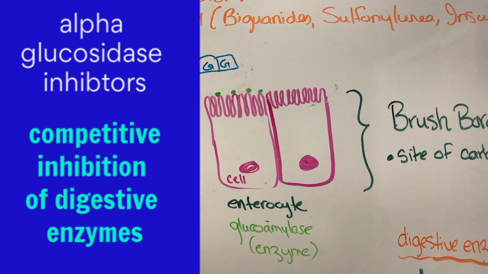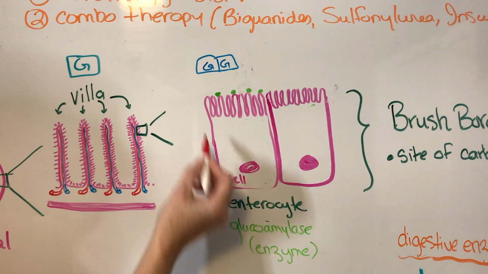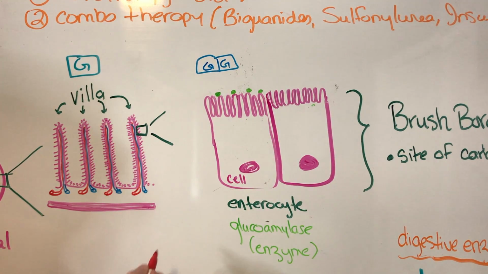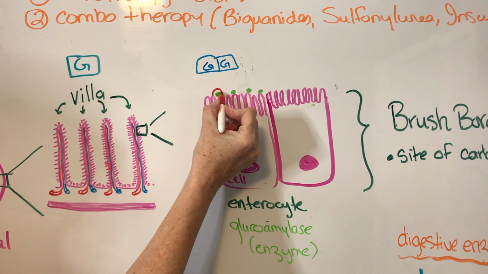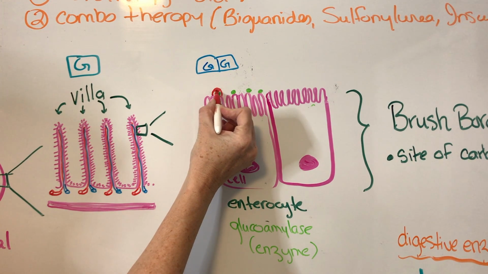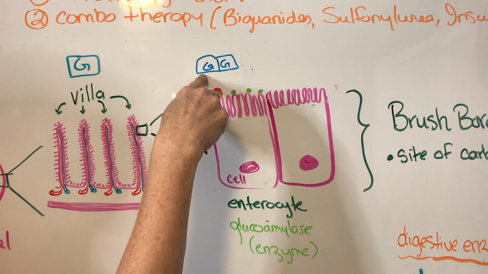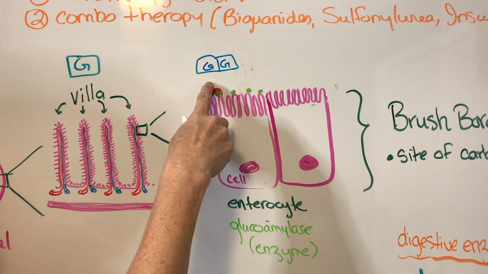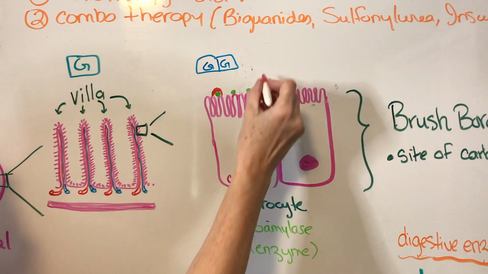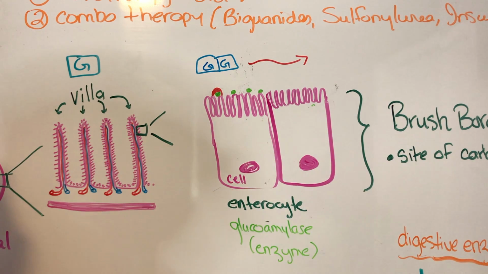So now let's look at how the alpha-glucosidase inhibitor works. Remember, it's a competitive inhibitor. At these receptor sites where these enzymes are sitting and resting on that microvilli, the alpha-glucosidase inhibitor comes and binds here, and it prevents my disaccharide or my more complex glucose molecules from attaching, which means this is going to continue its journey out through the intestine.